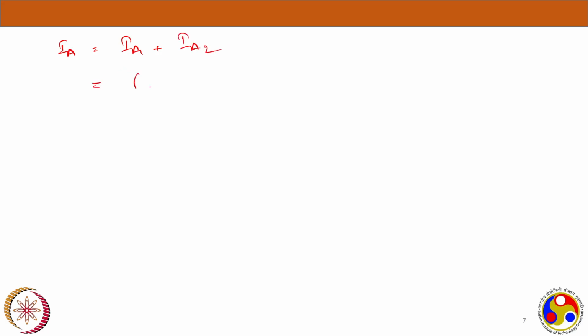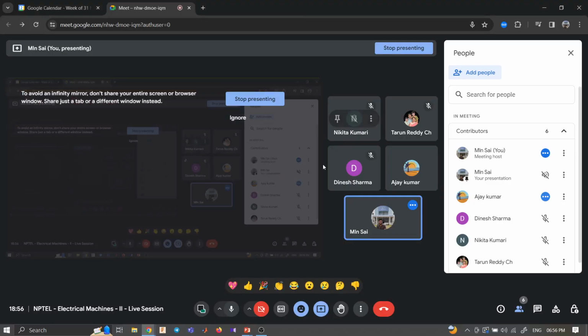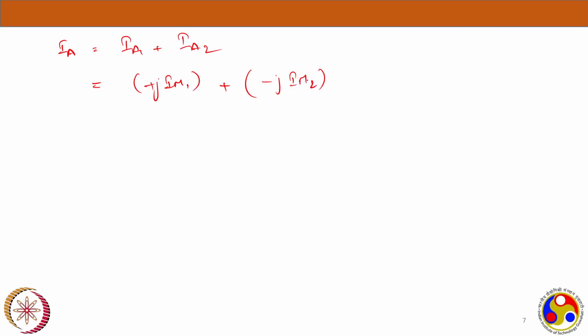IA1 is nothing but minus j IM1 plus IA2, sorry, it is plus j IM1 and minus j IM2. So minus j IM2.